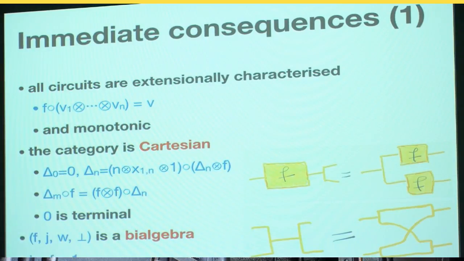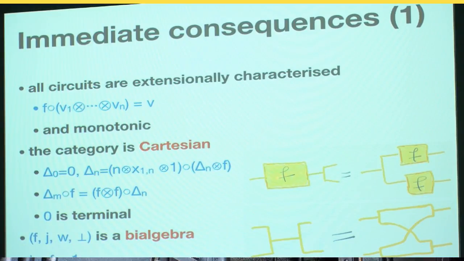Now we have some immediate consequences that we can compute from this setting. First of all is that all circuits are extensionally characterized. So any morphism I create in this category, if I give it a set of inputs, I get a well-determined output, and they're also monotonic. And also, more importantly, this category is Cartesian. So first of all, the 0 type is a terminal object, so we can show that.